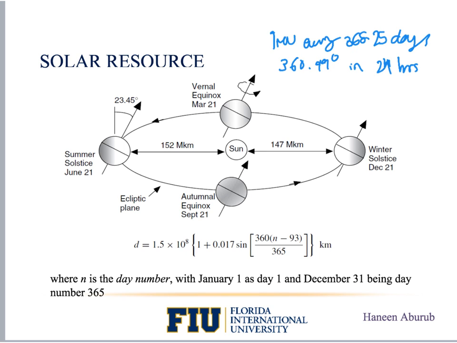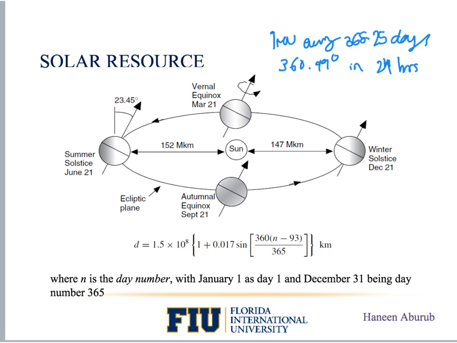So the first part is when the Earth revolves around the Sun, and here when the Earth rotates around itself, to form the days, the morning and night, and to form the seasons.